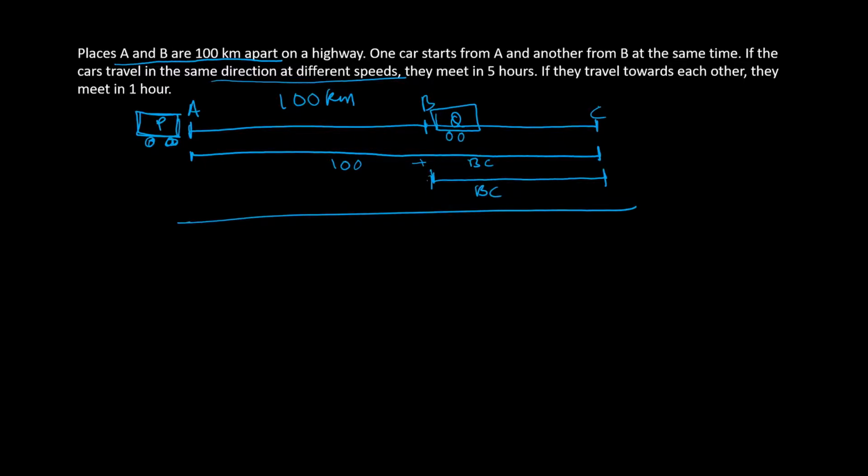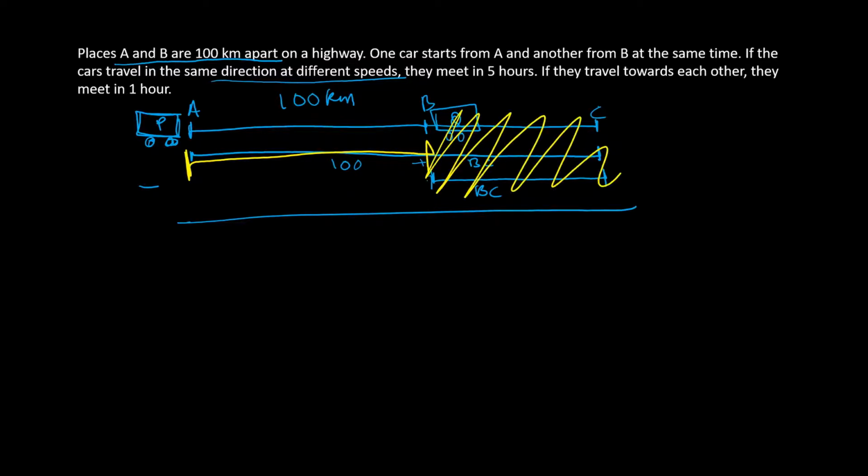Now when I subtract these two distances, this BC part will go off, and I'll be left with this much part, which is 100.